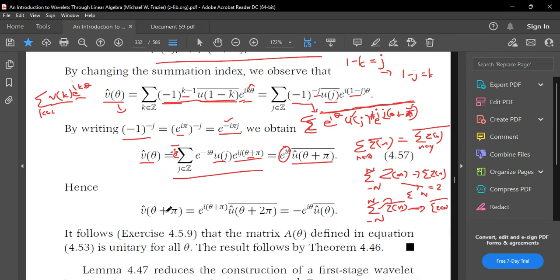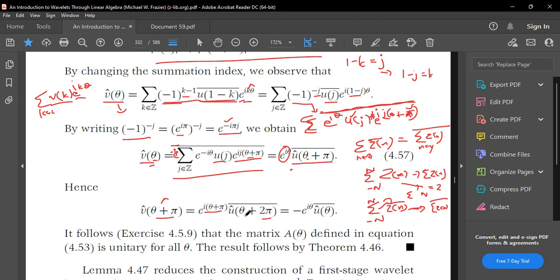What is v cap of theta plus pi from this result? Put theta plus pi instead of theta here. We will get on the left-hand side this, and on the right-hand side e raised to i into theta plus pi into u cap of theta plus pi plus pi, that is 2 pi, and the conjugate.